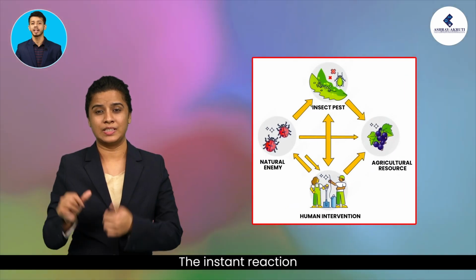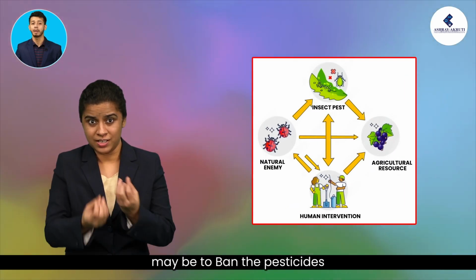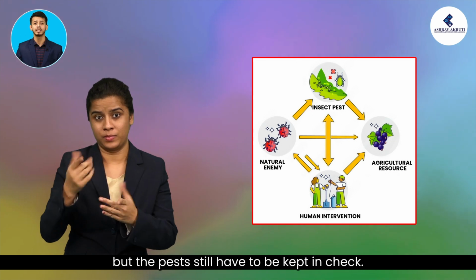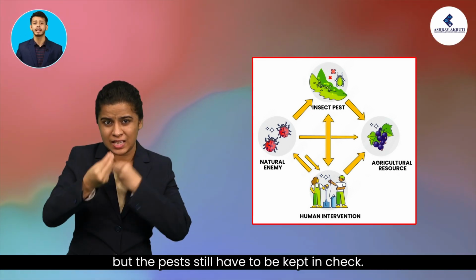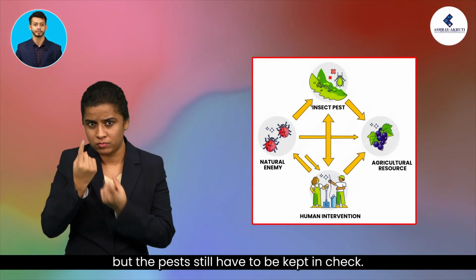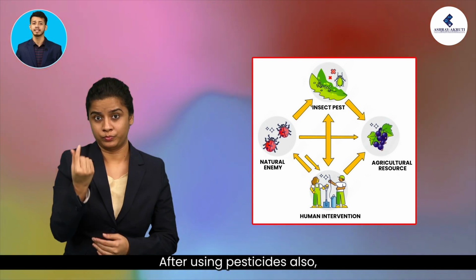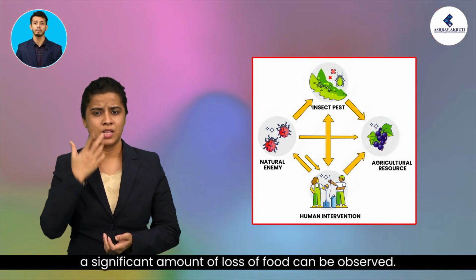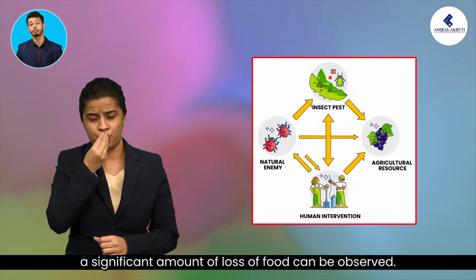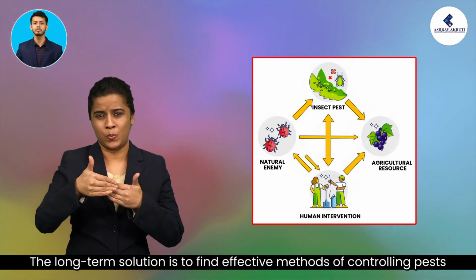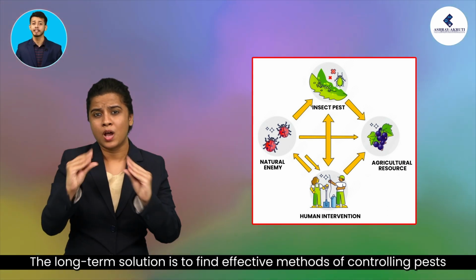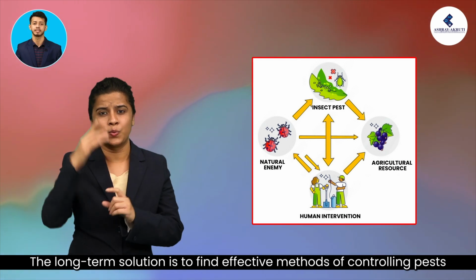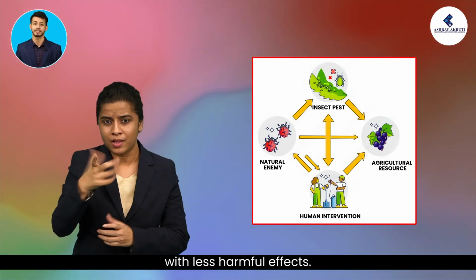The instant reaction may be to ban the pesticides, but the pests still have to be kept in check. After using pesticides also, a significant amount of loss of food can be observed. The long-term solution is to find effective methods of controlling pests with less harmful effects.